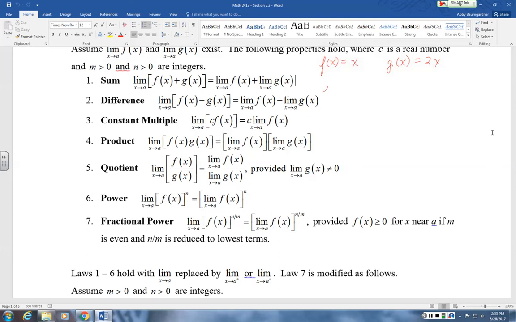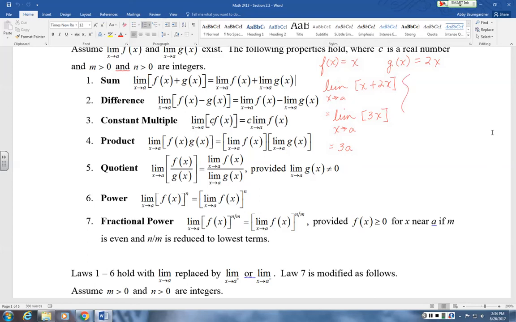Then we could find the limit of x plus 2x as x approaches a. And the way we could do that is we could first add the two functions together. So that would become the limit as x approaches a of 3x. And then we would do a substitution or an evaluation, and we would get 3a as our answer.